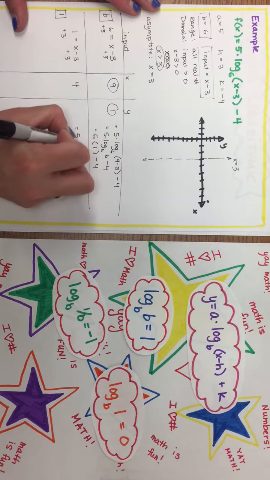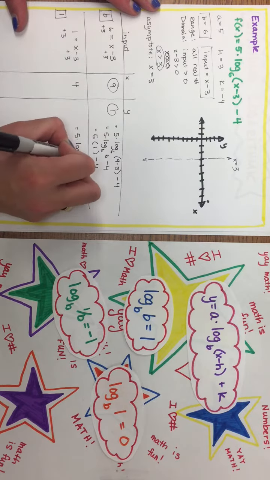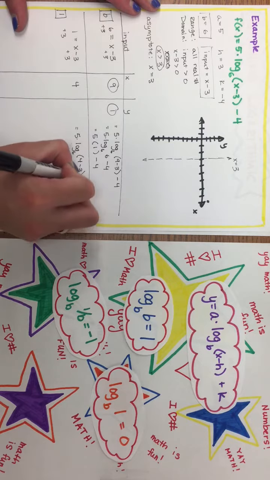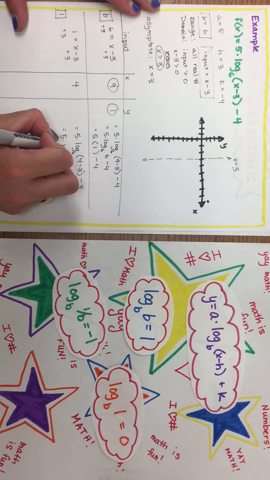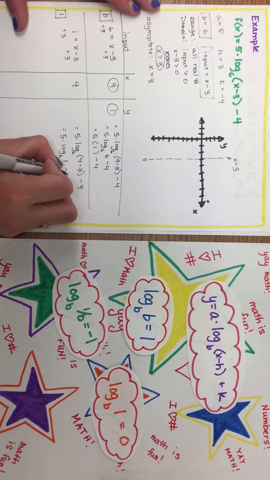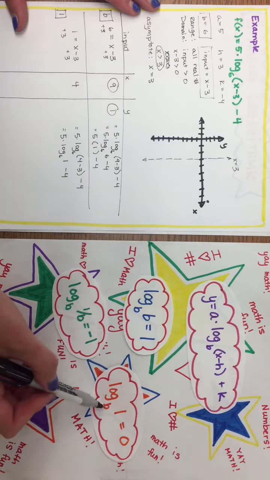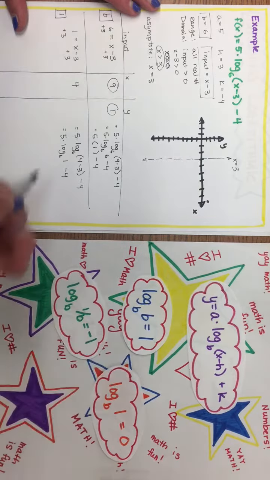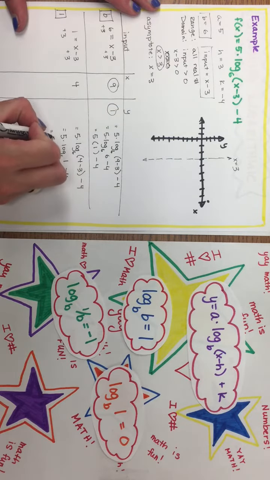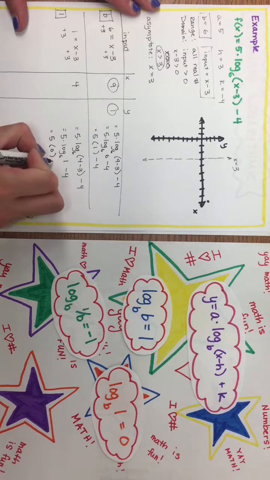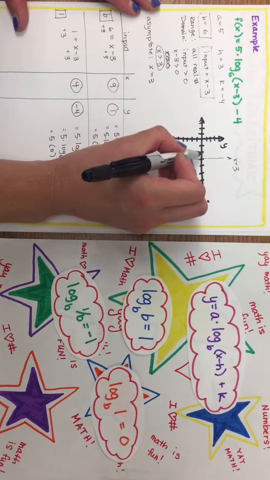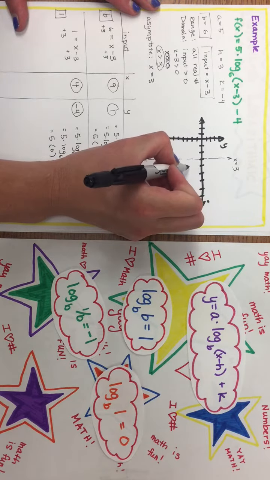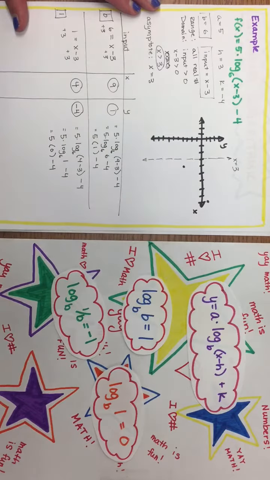So 5 times log base 6 of 4 minus 3, minus 4 is equal to 5 times log base 6 of 1, minus 4. Log base 6 of 1 will be equal to 0. So this is 5 times 0 minus 4 ends up giving me negative 4. So I have the point 4, negative 4, which is right there.